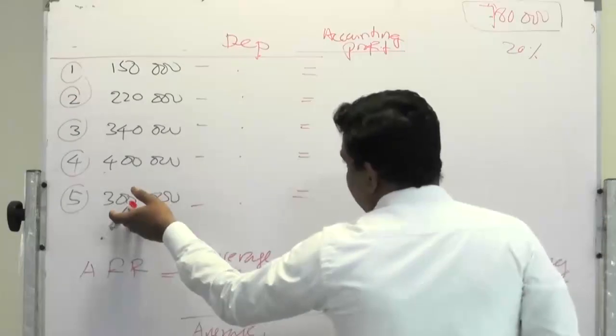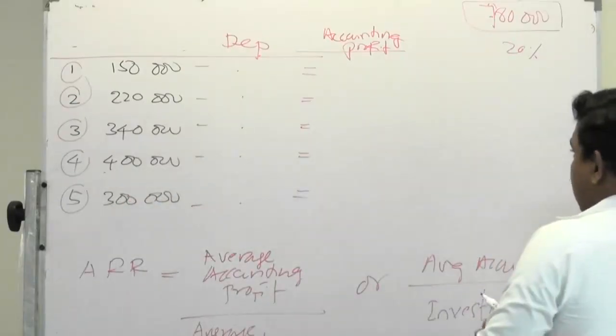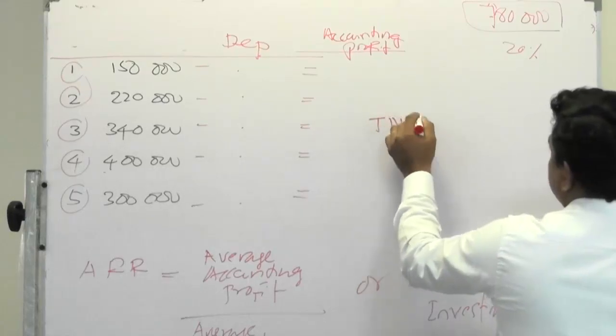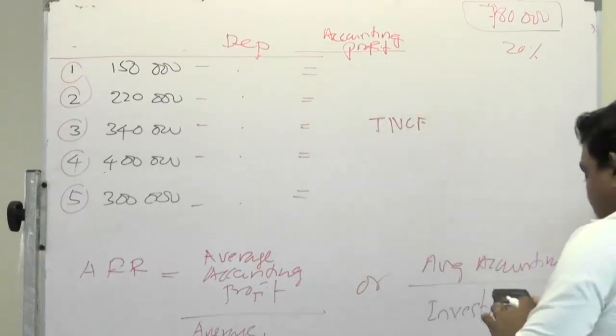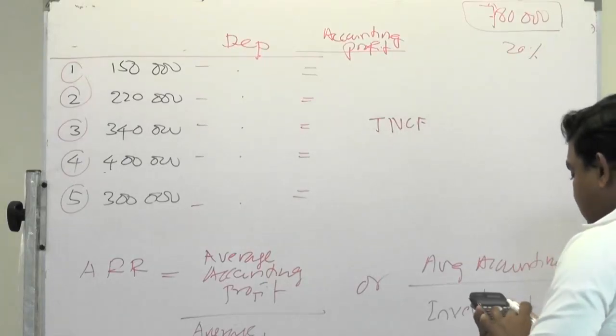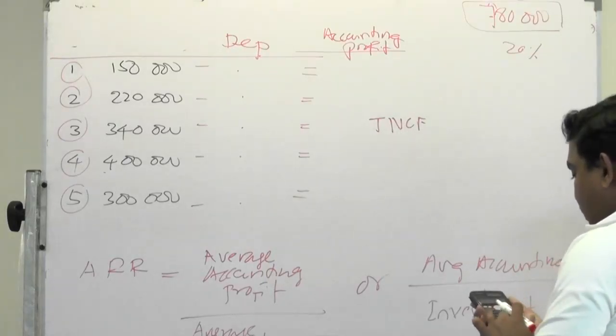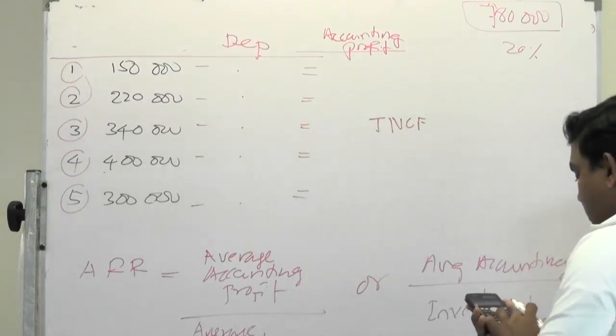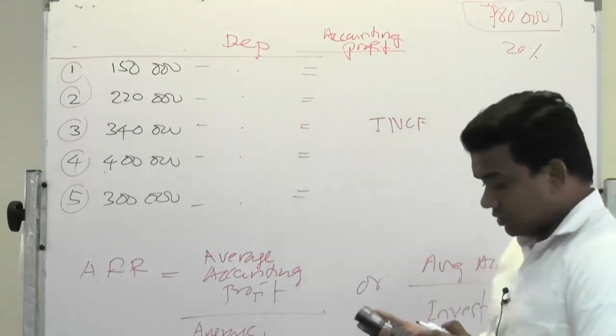Take the totals of revenue immediately. The total profit, total net cash flow, how much? 150,000 plus 220,000 plus 340,000 plus 400,000 plus 300,000.